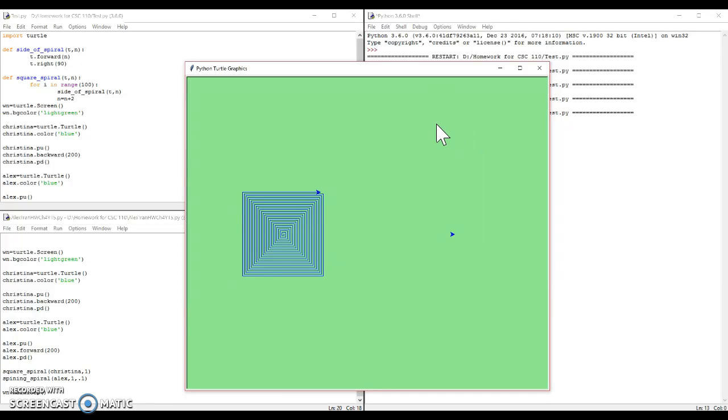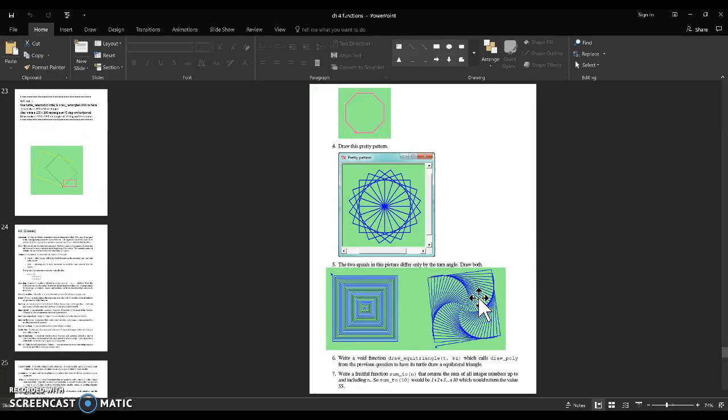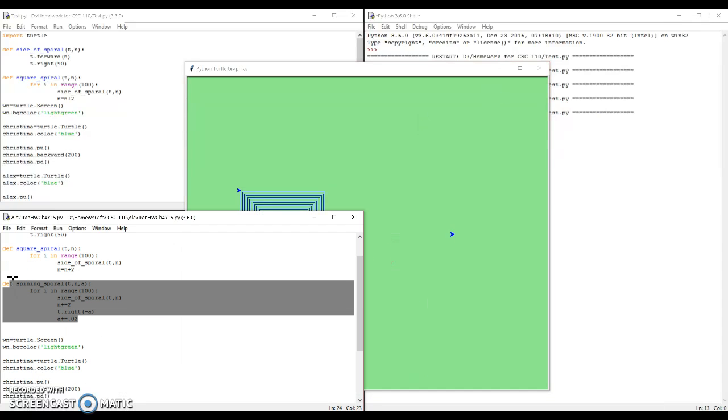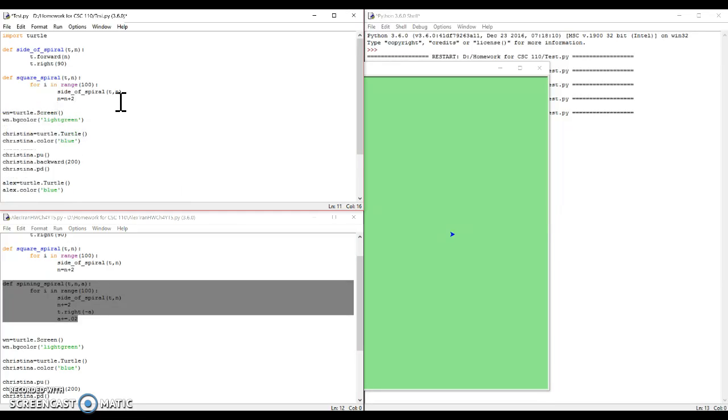And what I thought about for the next function, for the spiral that's repeatedly turning, was that I made it so that the function would be spinning, but I didn't know how. And I'll show you what I mean by that. Originally, I didn't have it turning right negatively.